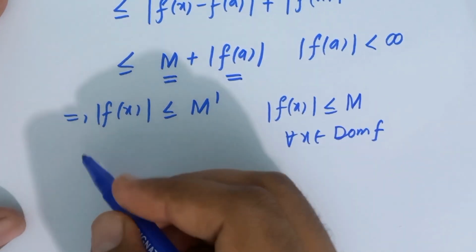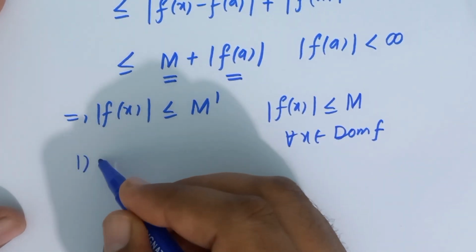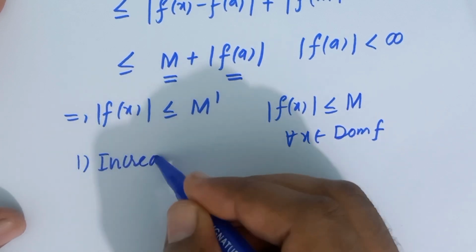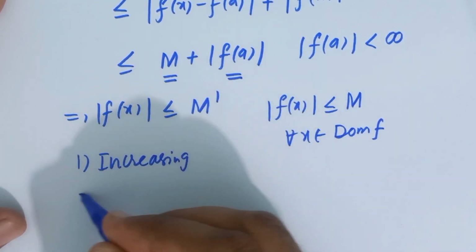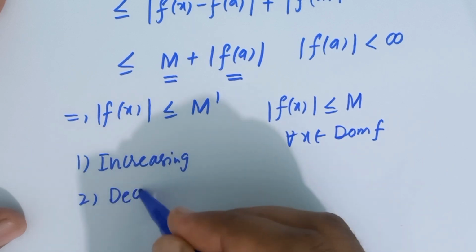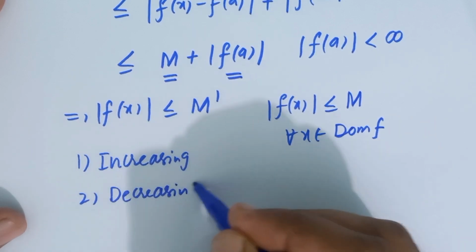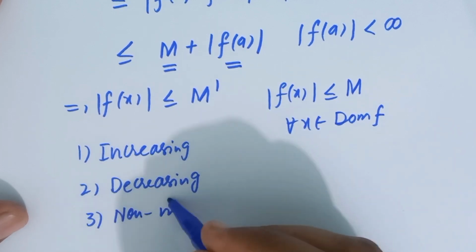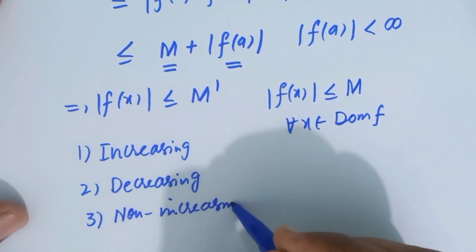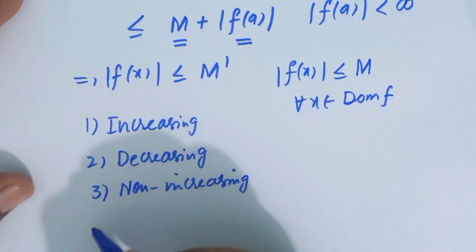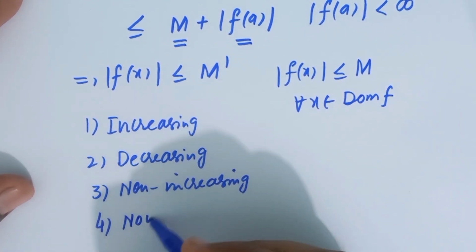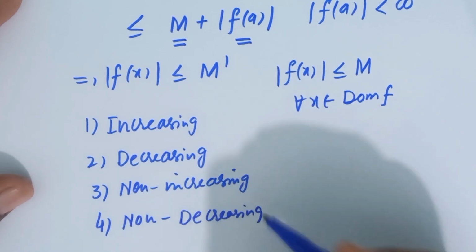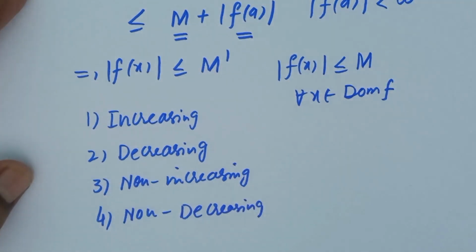A function f is called monotonic if it is either an increasing function, a decreasing function, a non-increasing function, and the fourth type is a non-decreasing function. So if your function is one of these types, then we say that this is a monotonic function.